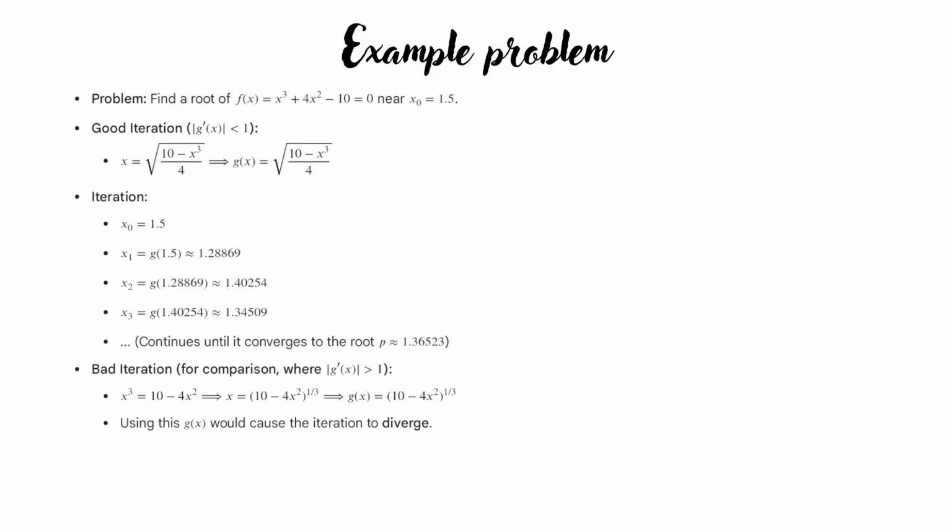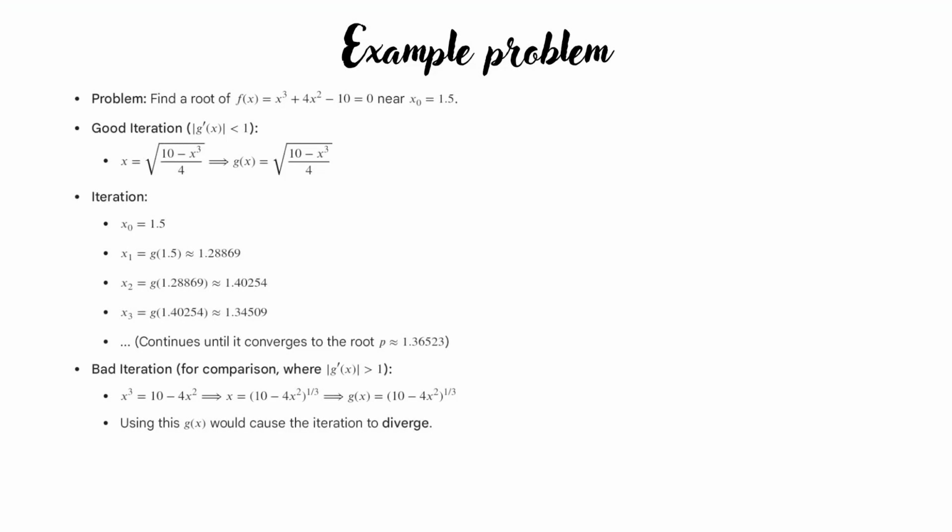Now for the bad iteration, what is done is to transpose the x cubed. So the function x cubed equals 10 minus 4x squared.